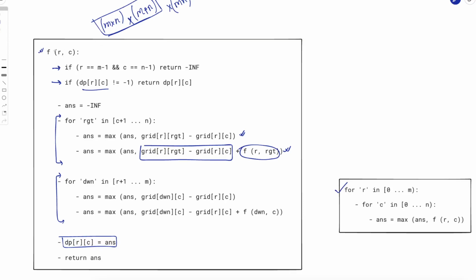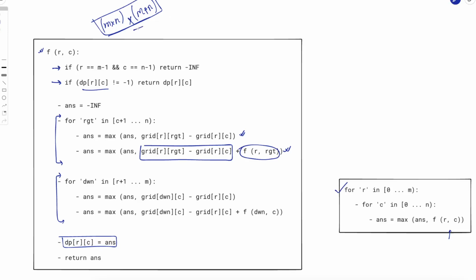Now because every possible f of r comma c is computed, when you call this f of r comma c here, you will be sure that you will hit this condition and you can simply return from here. So this f of r comma c is not actually computing this entire thing again. Instead it is just an order 1 operation, so this multiply would simply be a plus here, and we can avoid this entire thing completely.